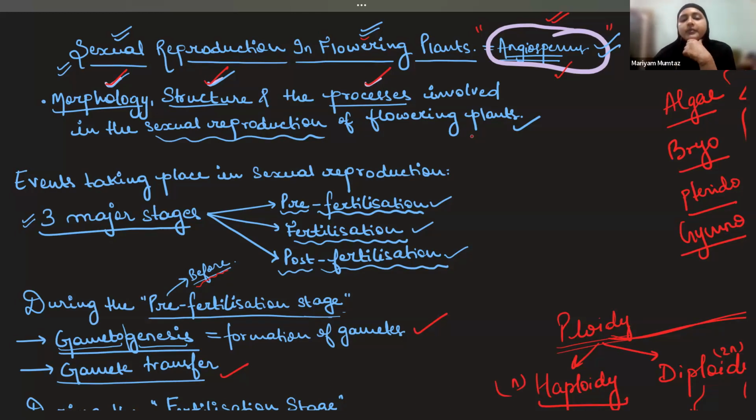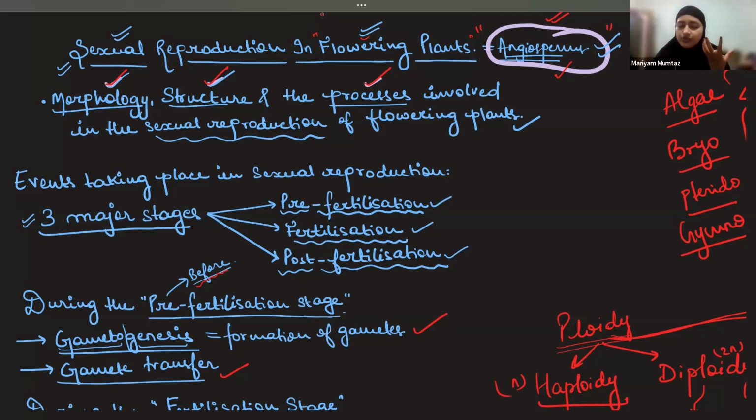Yes, ma'am. So, sexual reproduction in flowering plants. Why flowering plants? When we studied plant diversity, meaning the plant kingdom, we studied all the different divisions of the plants: algae, bryophyta, pteridophyta, gymnosperms, and angiosperms. Angiosperms are the only division known as the flowering plants, because they produce flowers.